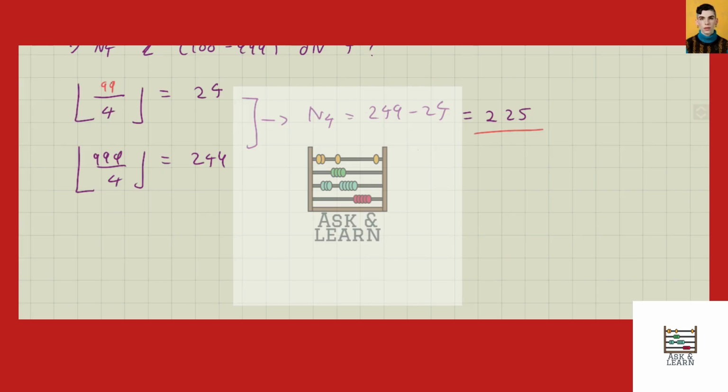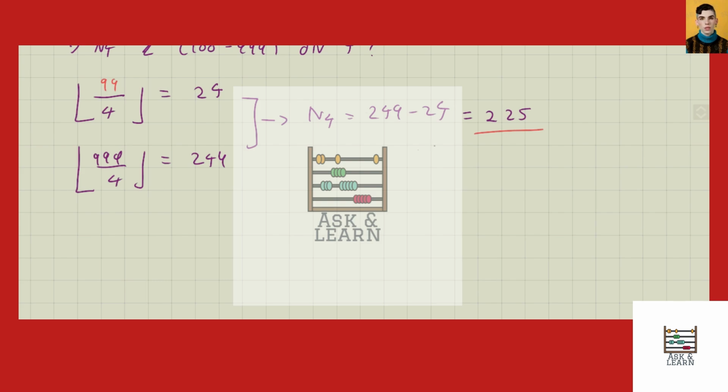Otherwise you're going to have a wrong number. So that's the idea why you take 99, or in case you choose the 100 and that number is divisible by the number you're dividing by, then you need to add the plus 1. So you can work in the way that you feel more comfortable. But that's the idea.